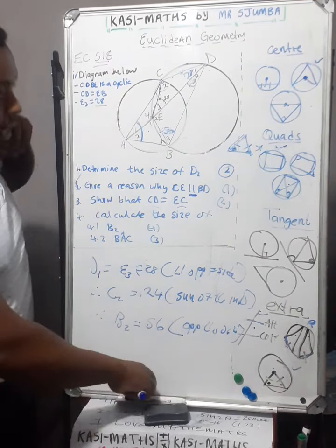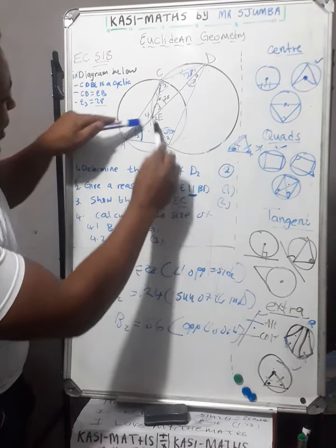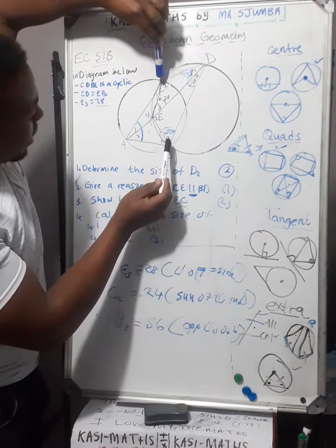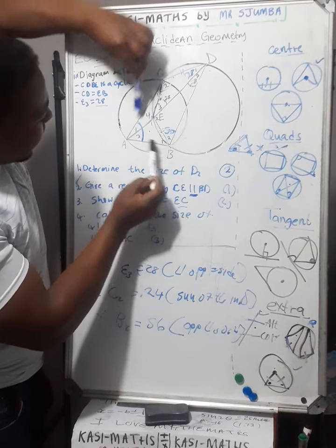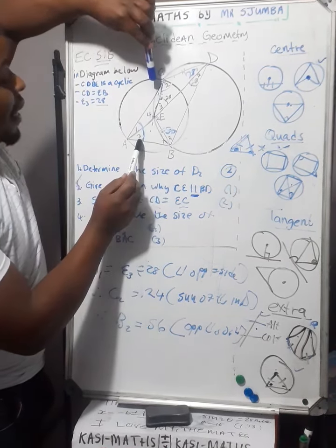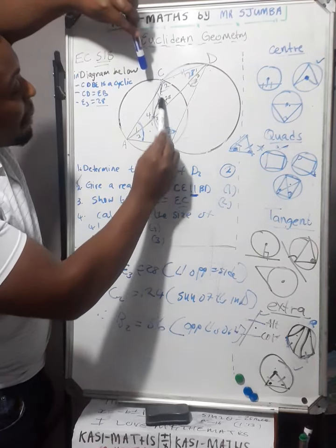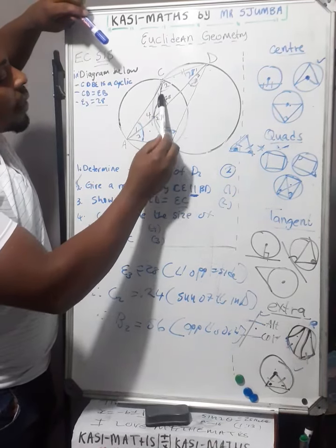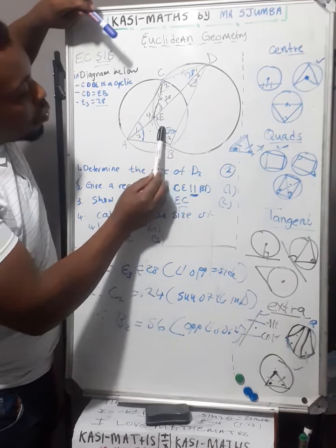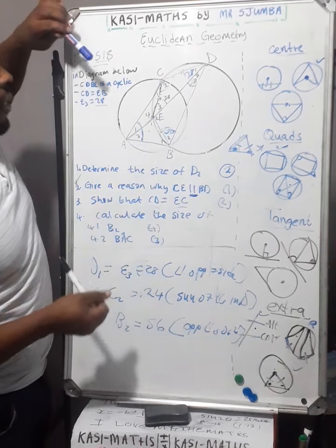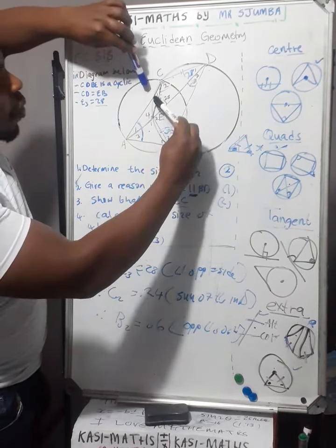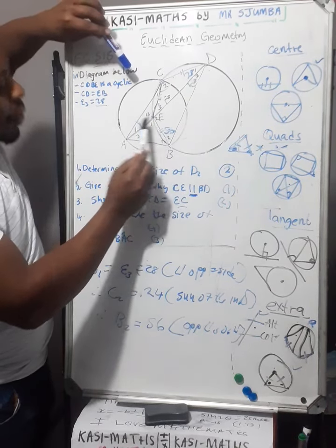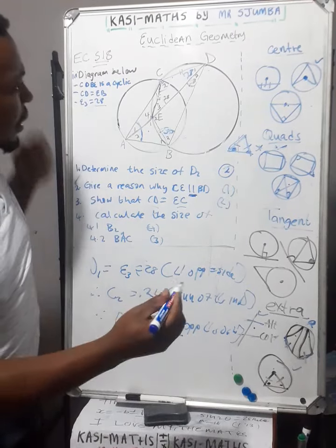We checked: this one does not span this one, but what spans is CB, the angle at the center, the angle at the circumference. We want the angle at the circumference. If we can get the angle at the center, then we are done. We already know E3 is 28. So if we can find E2, then we are done, because whatever size this angle is, it is double the angle at the circumference.